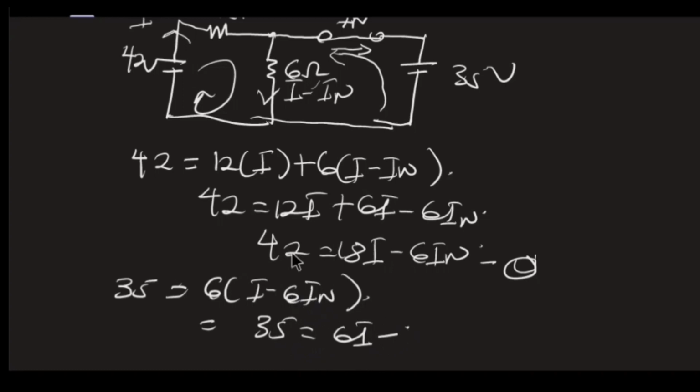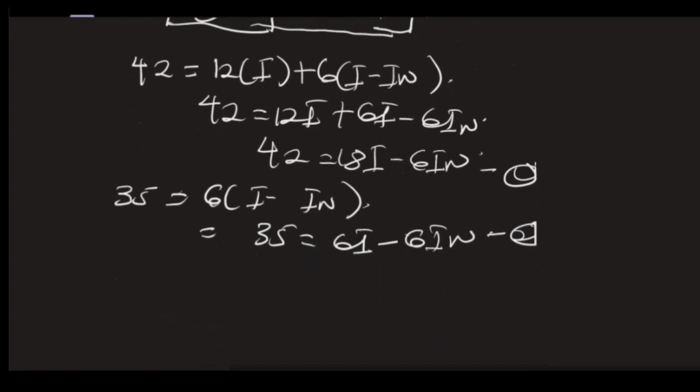Sorry, here there is no 6 here, so 35 is equal to 6I minus 6IN, and that is equation 2.